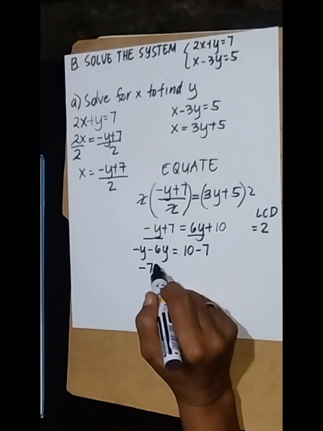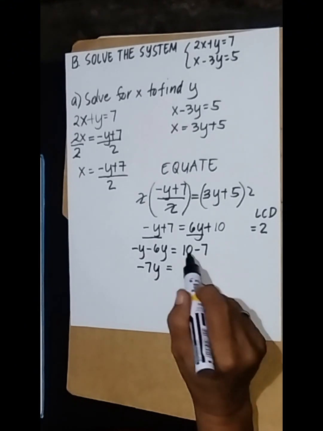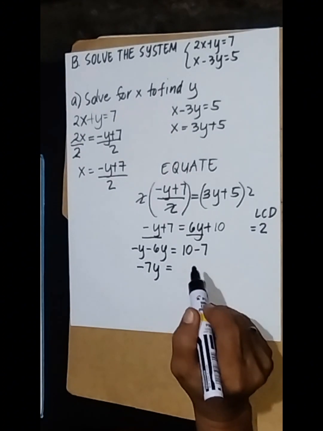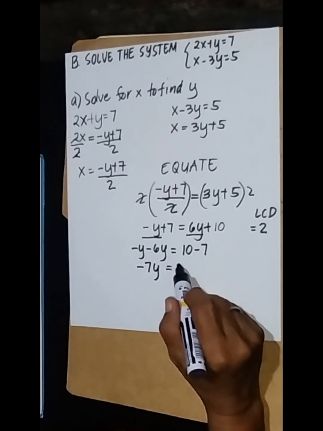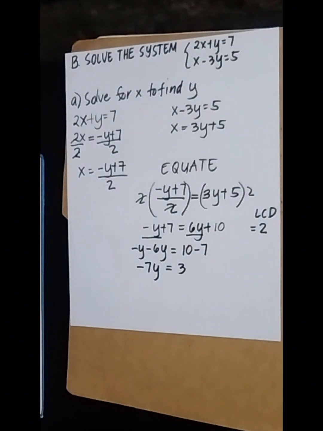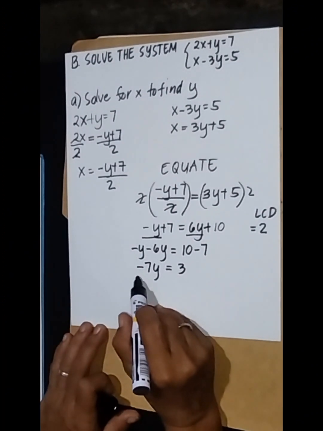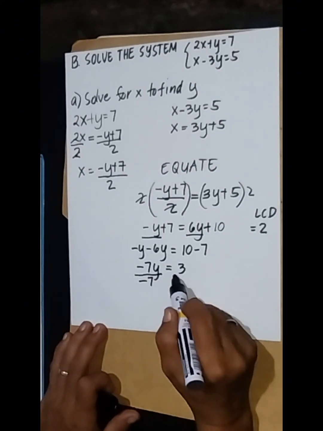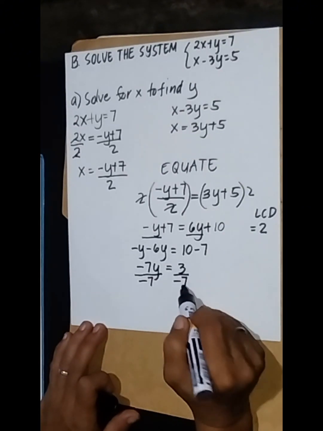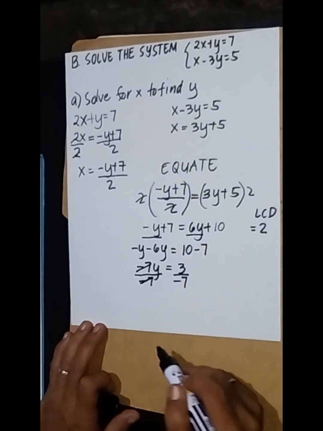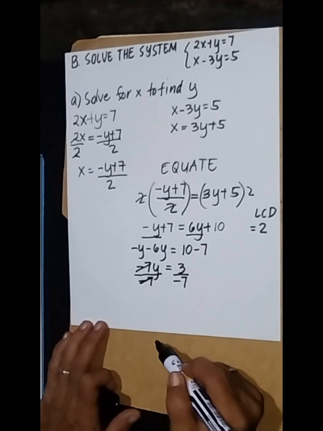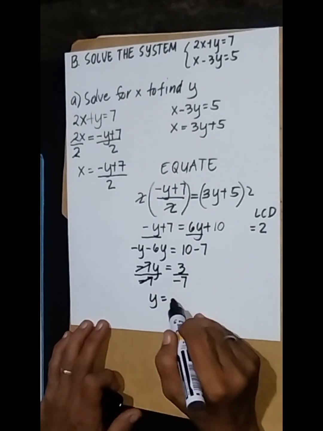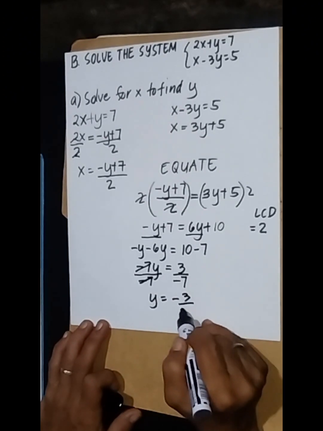So, negative 7y equals, we have to subtract because they have unlike signs. So, 10 minus 7 is 3. Now, upang magiging equal 1 po ito, or equal y, we have to divide both sides by negative 7. So, negative 7 divided by negative 7 is 1, or 1y or y is equal to negative 3 over 7.